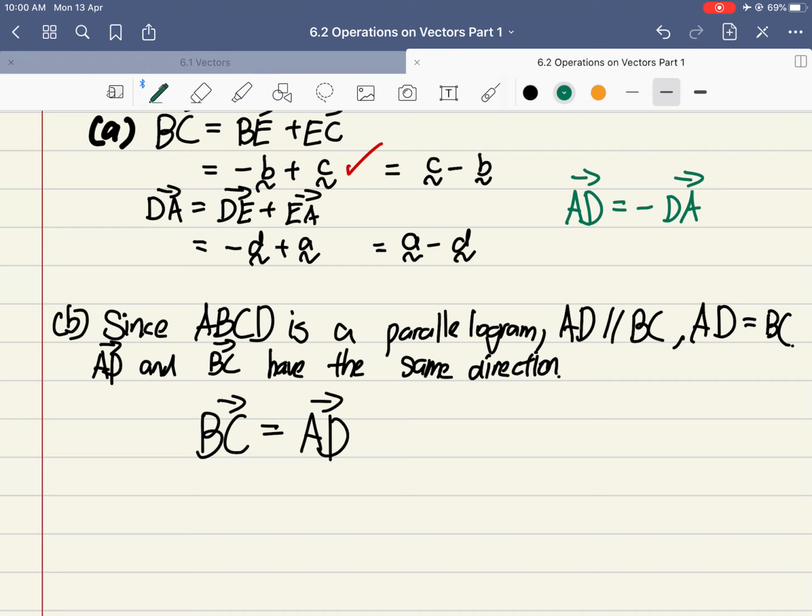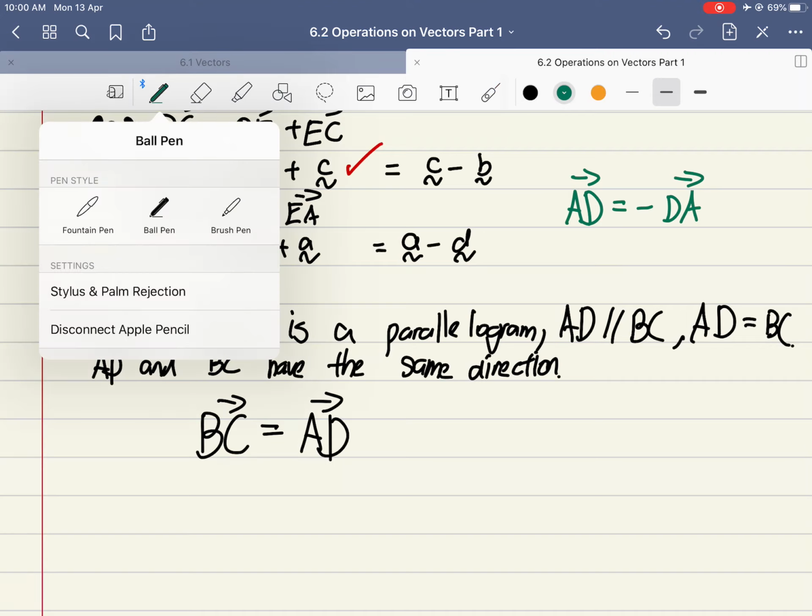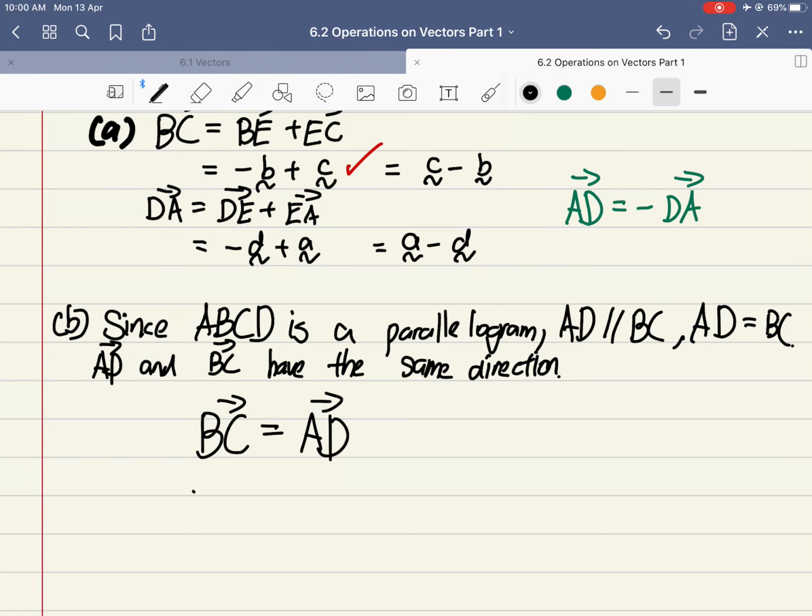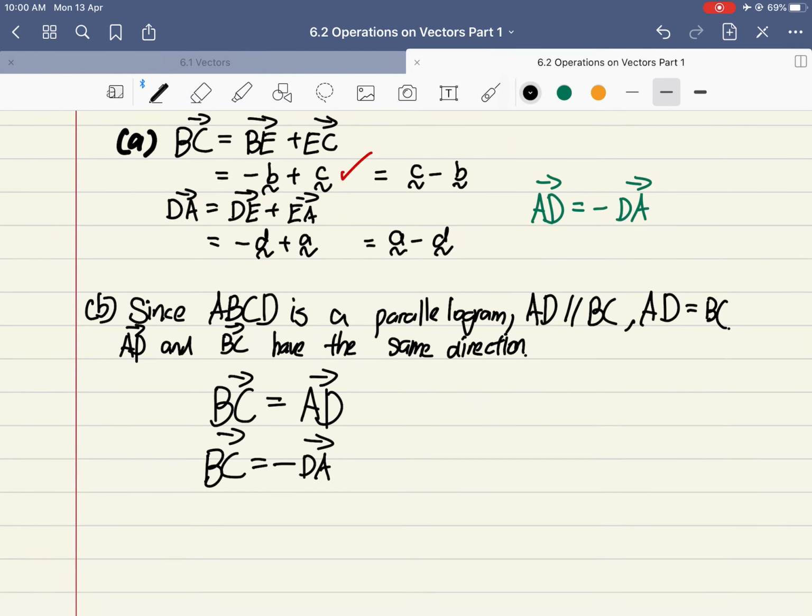Hence, we have the negative symbol over here. So what I have here now is AD equals negative DA. So back at the bottom, we have BC is equal to negative of the vector DA.